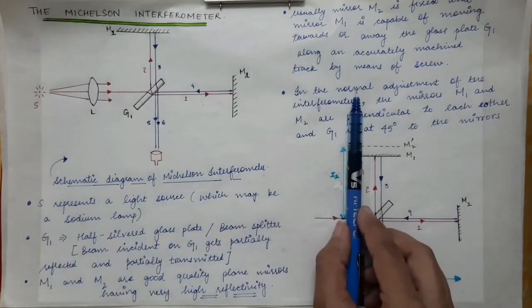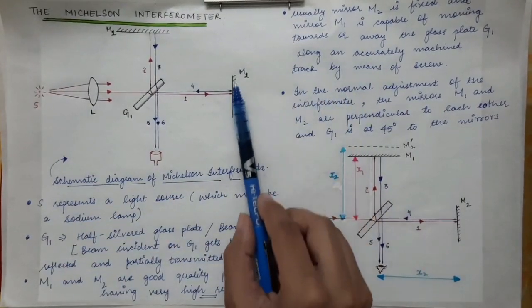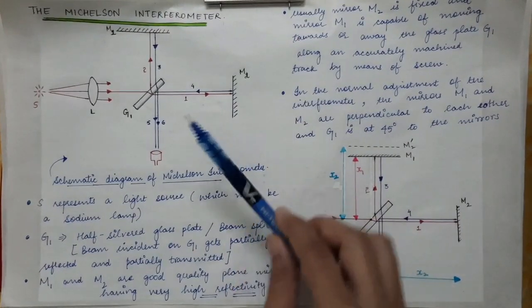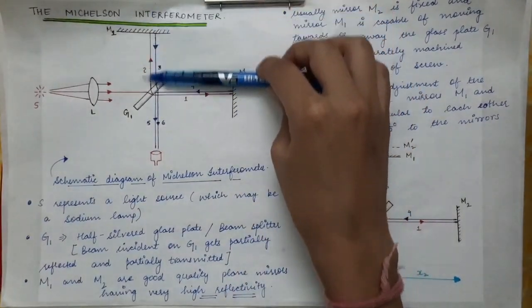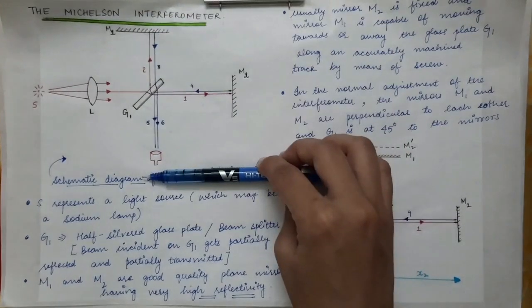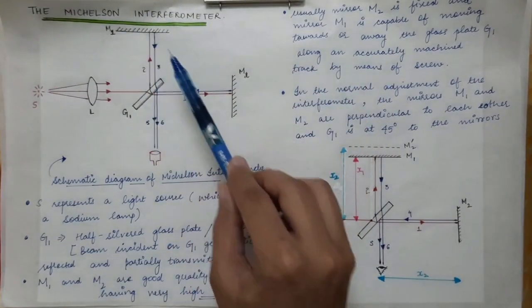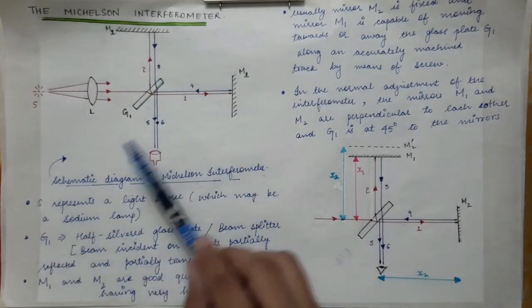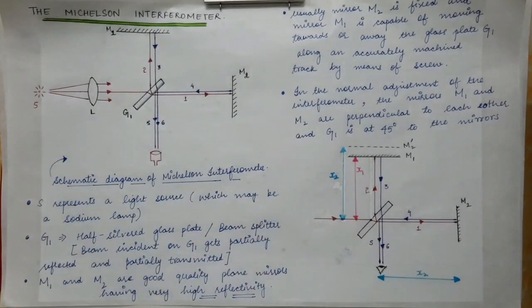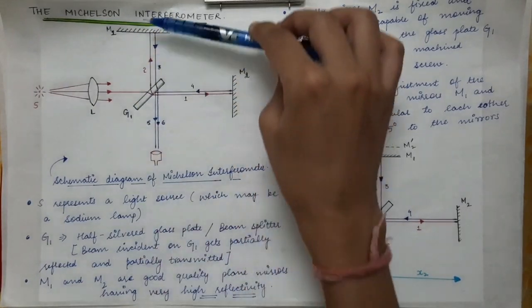This direction is the first optical axis, and it is perpendicular to the mirror M2, and the other optical axis is in this orientation and is perpendicular to the mirror M1. So there are two optical axes, that is, the directions in which the rays are traveling. There are two main directions.